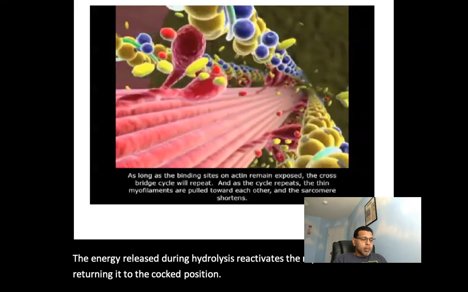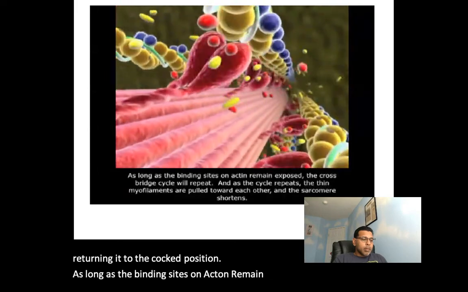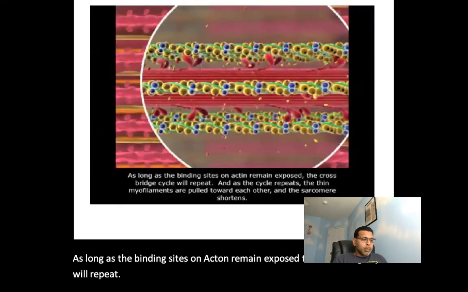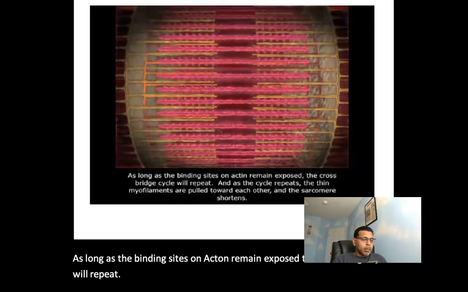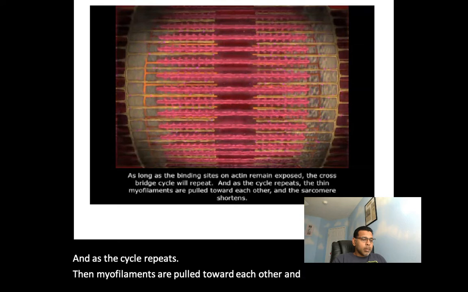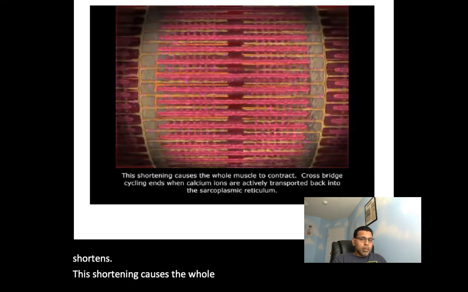As long as the binding sites on actin remain exposed, the cross-bridge cycle will repeat. And as the cycle repeats, the thin myofilaments are pulled toward each other and the sarcomere shortens. This shortening causes the whole muscle to contract.